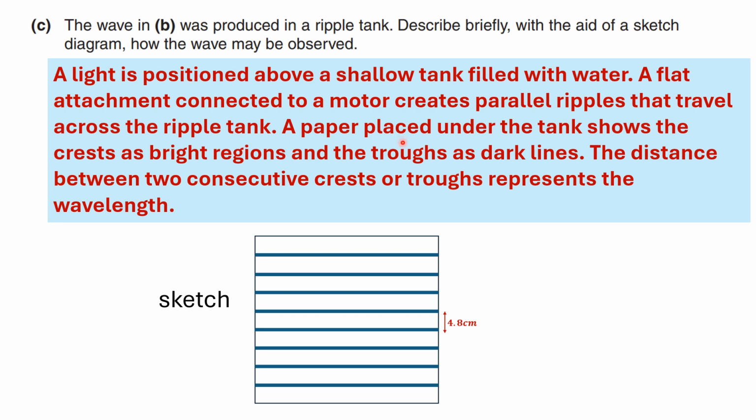A paper placed under the tank shows the crests as bright regions and the troughs as dark lines. The distance between two consecutive crests or troughs represents the wavelength. And this is the sketch, and this is the distance that we calculated on question B, the wavelength, 4.8 centimeters.